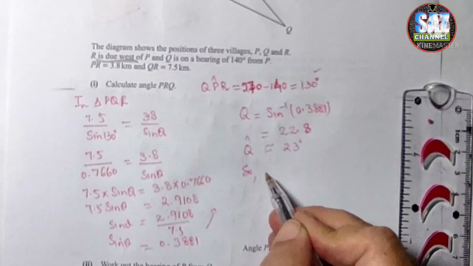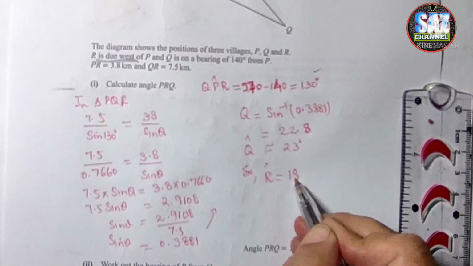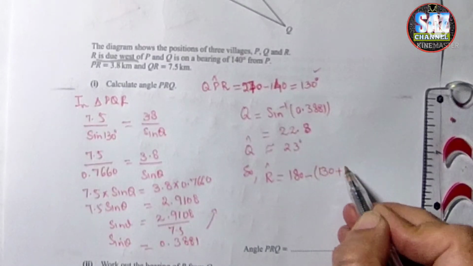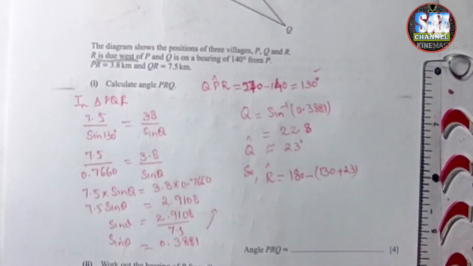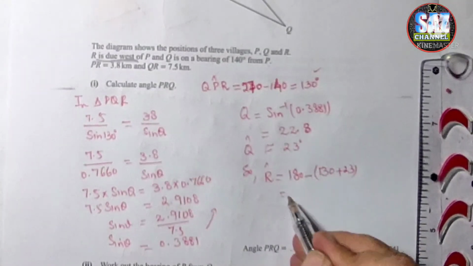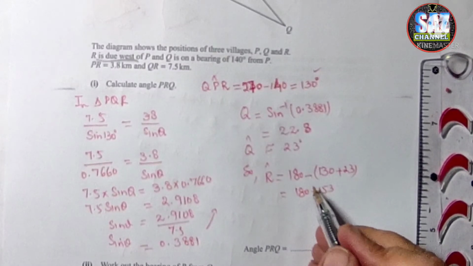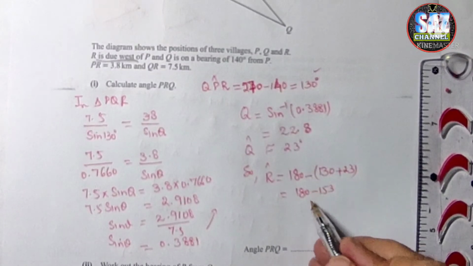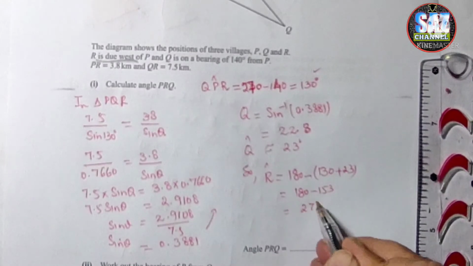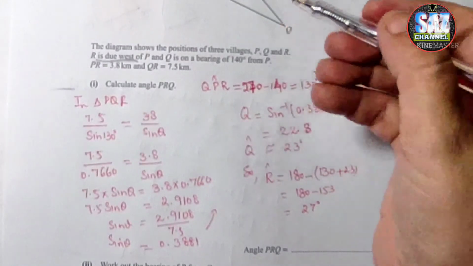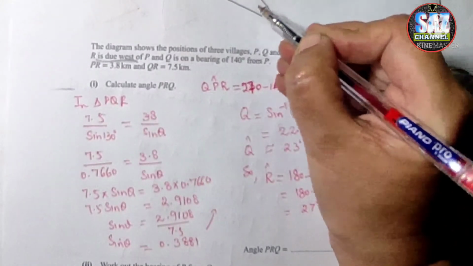So angle R will be equal to 180 minus 130 plus 23 degrees. 130 plus 23 is 153. 180 minus 153 gives me around 27 degrees. Okay, so angle Q is 22.8 or 23.